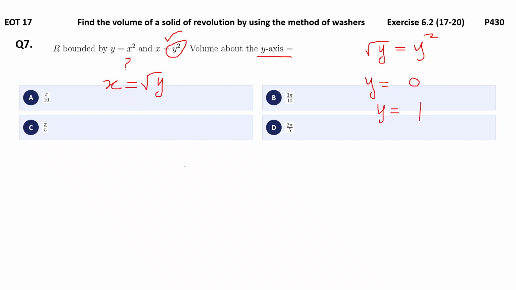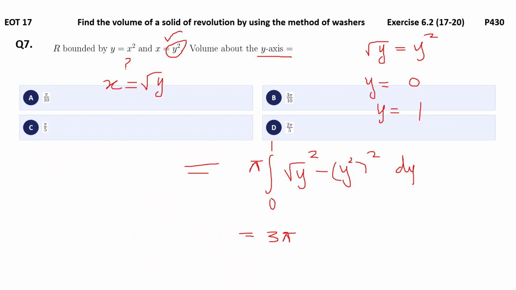So while finding volume, it is nothing but pi multiplied by the integral from 0 to 1 of your outer radius, that is root y squared, minus your inner radius, which is y squared the whole square. When you enter it in the calculator, you will get 3 pi over 10. That is option B.